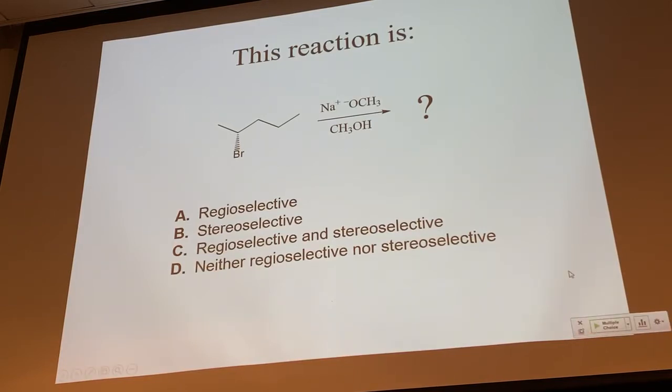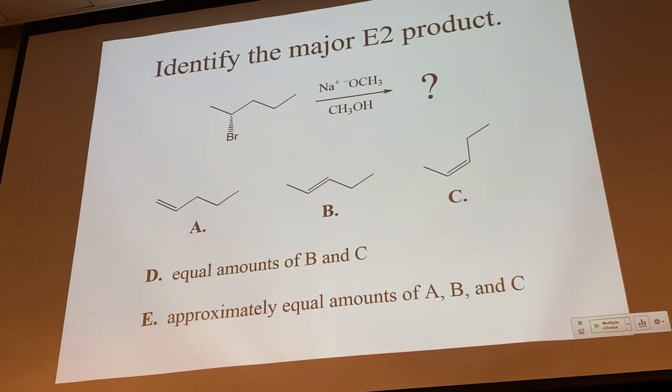All right, so let's go back to the first one. Who would like to raise their hand and tell the class which one is the major product and why they decided that? Okay, Claire?